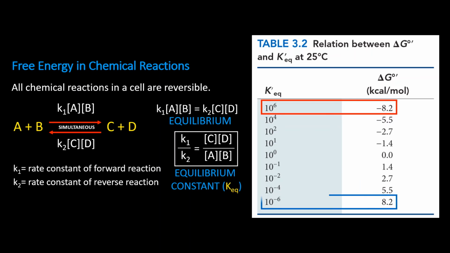Here at the bottom, we have another reaction with a very high free energy, 8.2. If the free energy of the reaction is 8.2, then that reaction is not spontaneous at all. Meaning to say, it won't just happen by itself. Now look at the equilibrium constant of this reaction. It's very low.